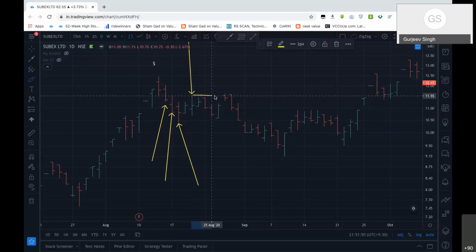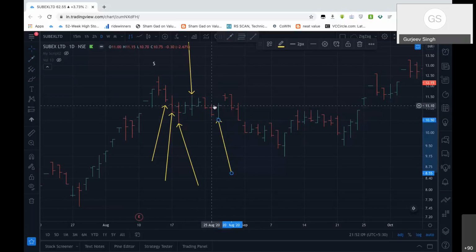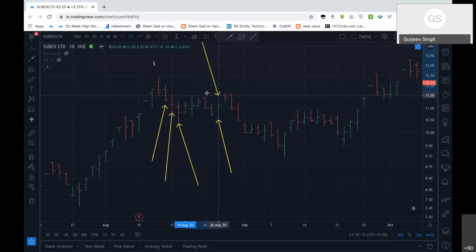All these bars coming in this range are inside bars in this study. So this is also an inside, this is also an inside. And this is not the fifth bar because it broke the low over here, but it never crossed the high of this candle.